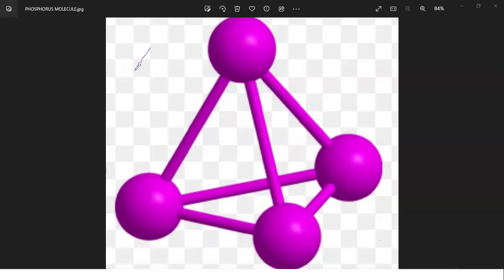So it can be easily drawn like this, just as simple as that, where each corner is having phosphorus.